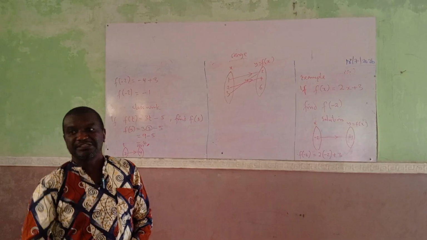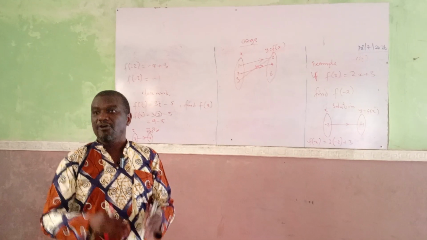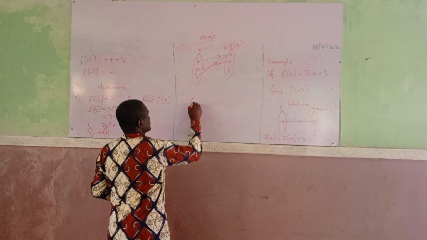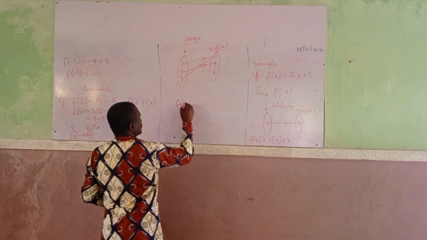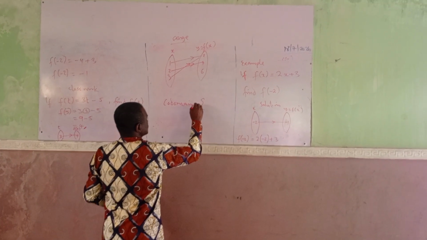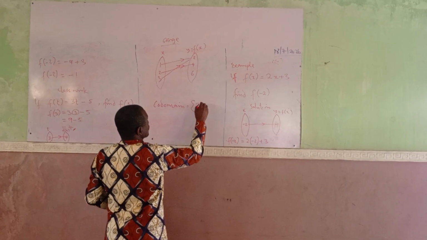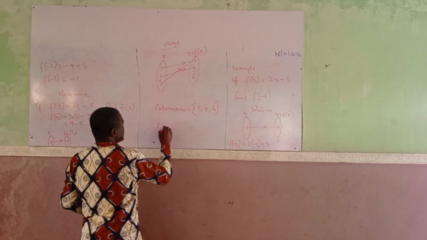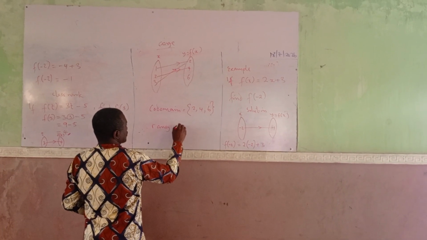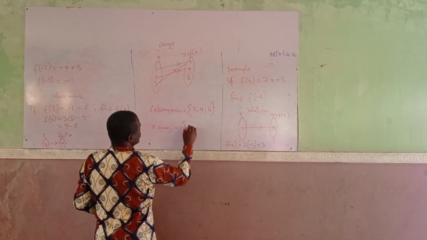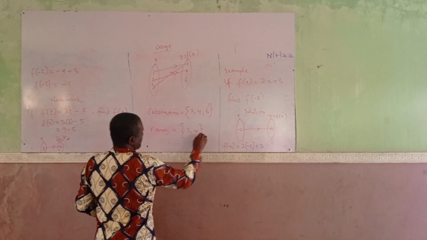That means the range is a subset of the codomain. Take note, what are the elements in the codomain? We have 2, 4, and 6. But the range, which is the subset of the codomain, is 2 and 4.